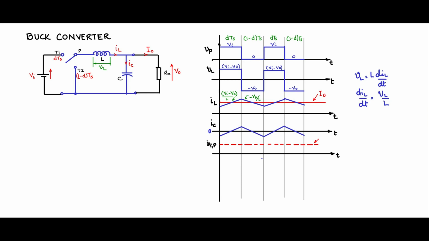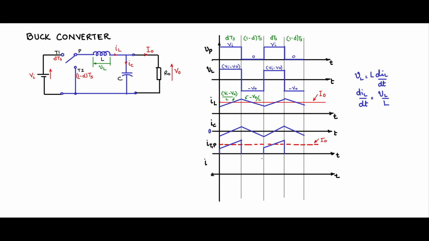So the level, the inductor current has to be the same. This portion of the inductor current, which I am indicating, will flow through T1P. And this portion of the inductor current will not flow through T1P, because during that time, 1 minus D TS time, T1 is not connected.